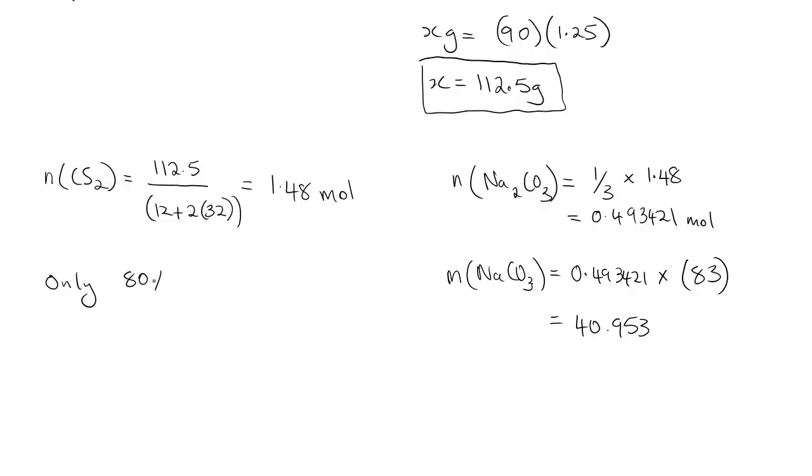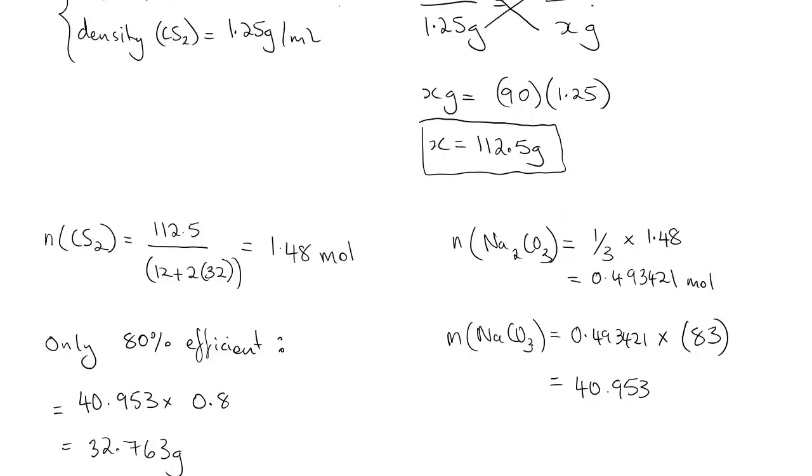And so what we know is that we're not going to have the same mass formed in the end. So we take the mass, or you can take the mole as well, it doesn't really matter. And you can times it by the decimal 0.8 to get only 80%. So if you times it by 0.8, you end up with 32.763 grams.